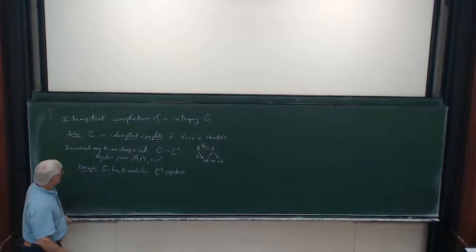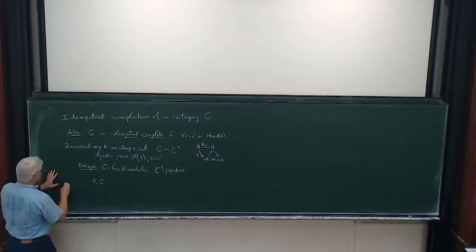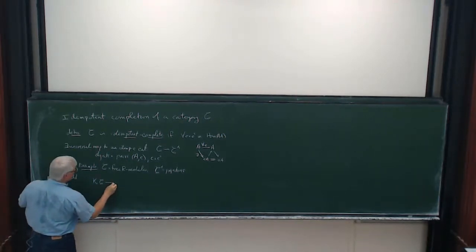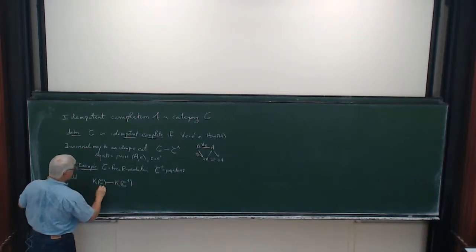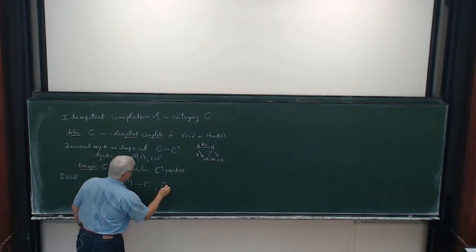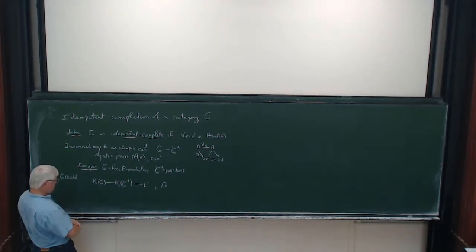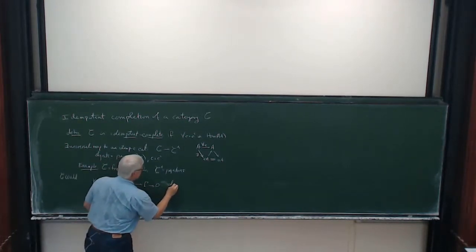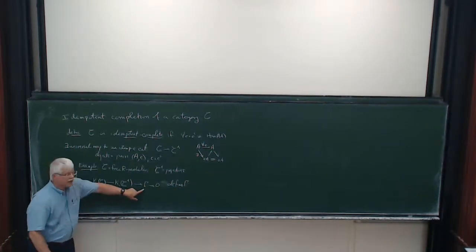Now the point of this is that if C is Waldhausen, so that this makes sense, there's a fibration sequence. Whoops, I said this backwards. Let's define gamma to be the cokernel of this map.